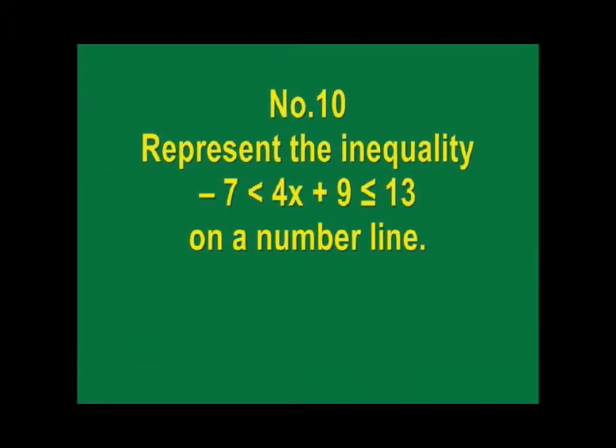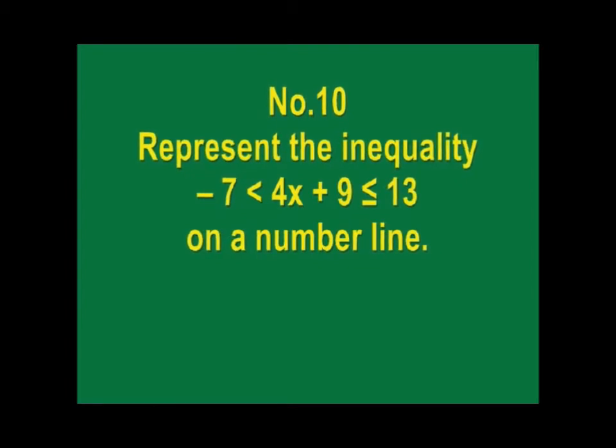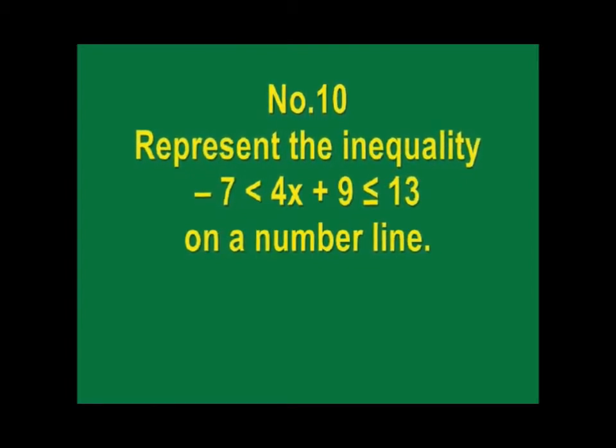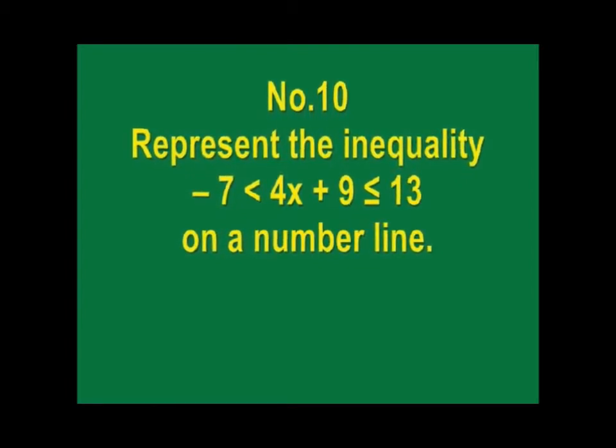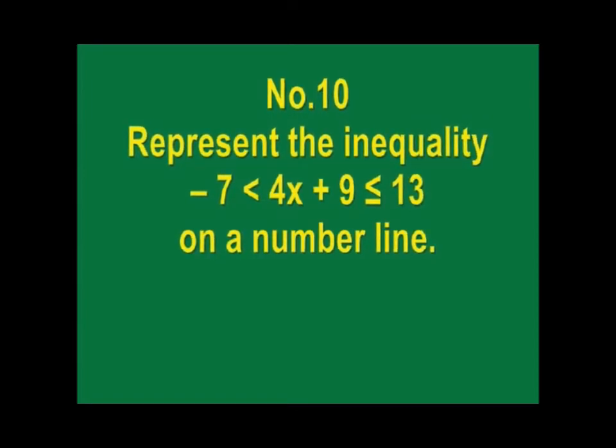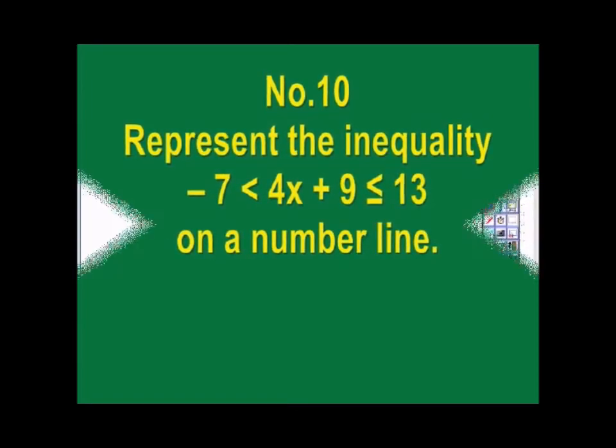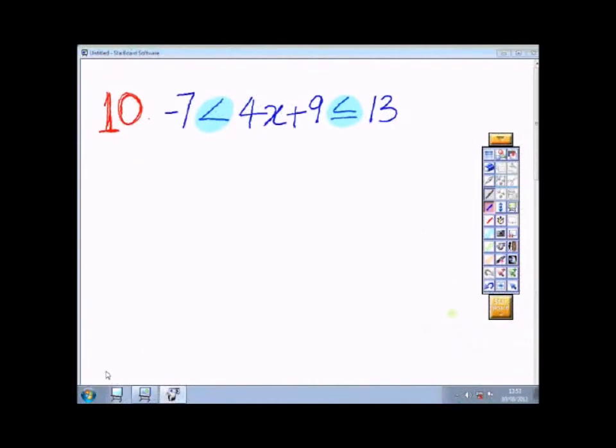Question number 10. Represent the inequality minus 7 is less than 4x plus 9 is less than or equal to 13 on a number line. This question is asking us to draw the number line of this inequality.